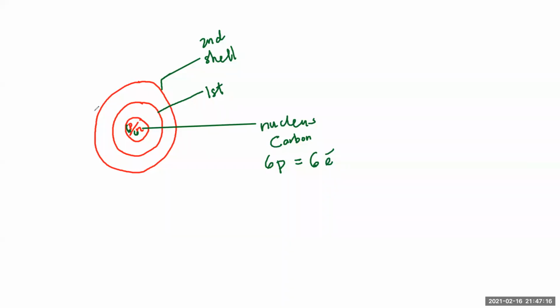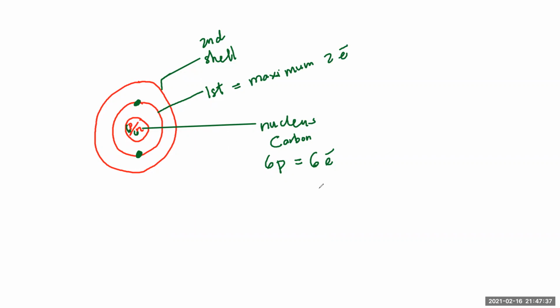So what happens is in the first shell, you can only put a maximum of two electrons. And we draw electrons in the form of a dot or a cross. So only two electrons can go into the first shell.